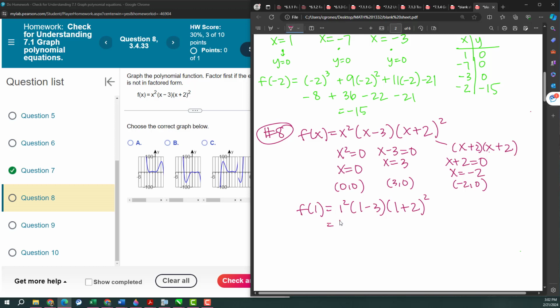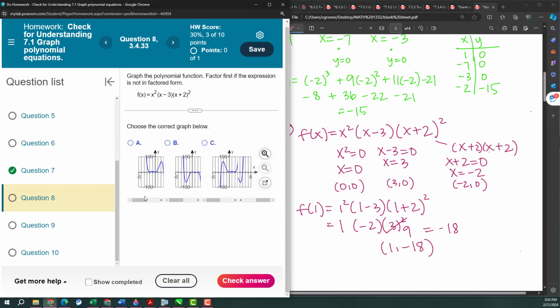So that just gives me 1 times 1 minus 3 is negative 2 times, and then 1 plus 2 is 3 squared, which is 9. So 1 times negative 2 is negative 2. Negative 2 times 9 gives me negative 18. So where x is 1, y equals negative 18.